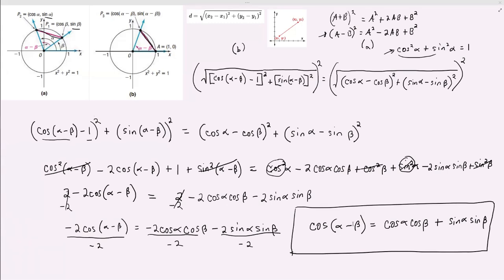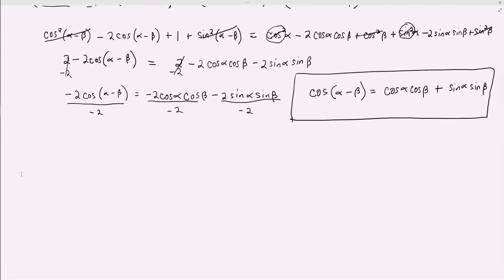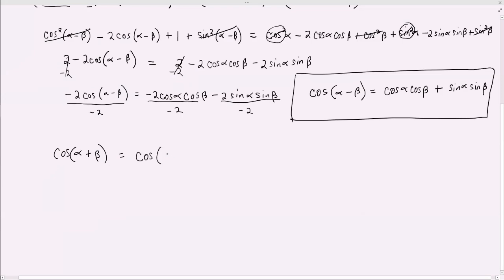Okay, so we're going to see that it's pretty easy to come up with the sum formula. So we came up with the difference formula, and we need the sum and difference formulas. So we're just going to take this cosine of alpha plus beta, and we're going to rewrite it as cosine of alpha minus a negative beta.